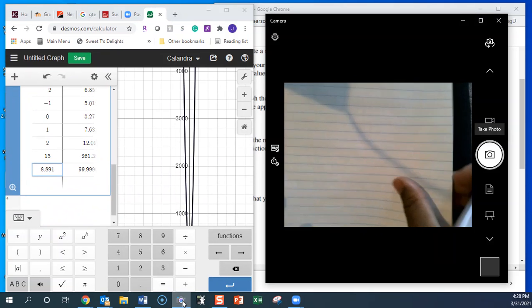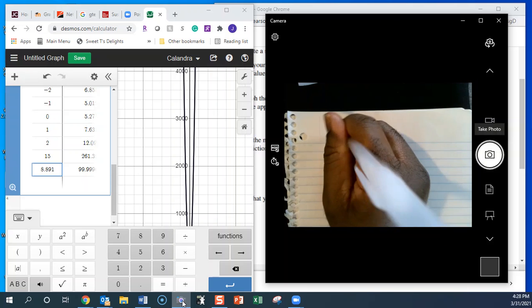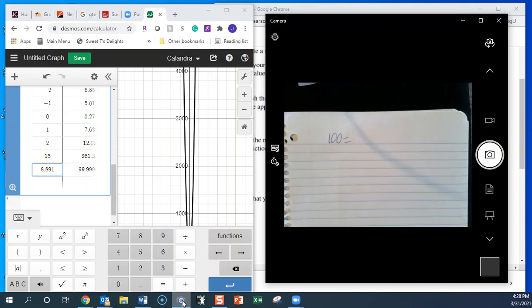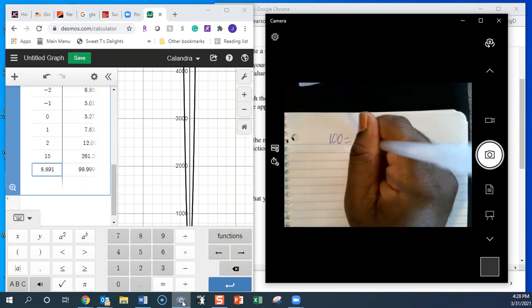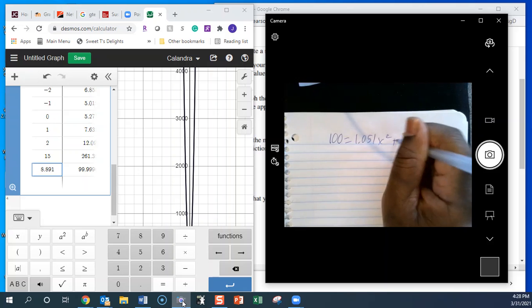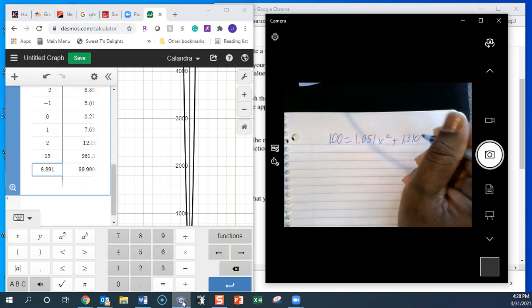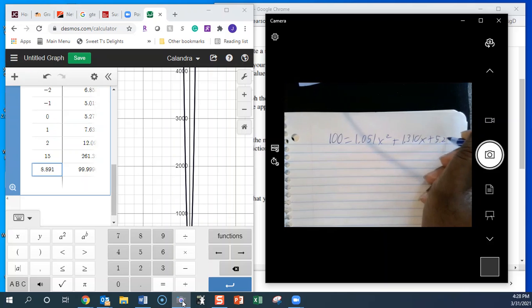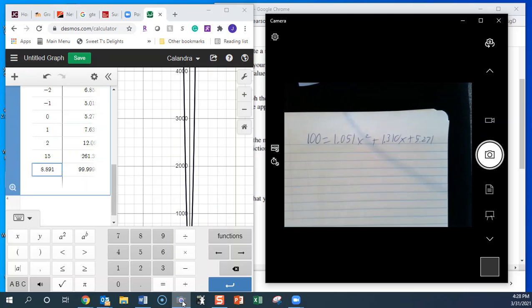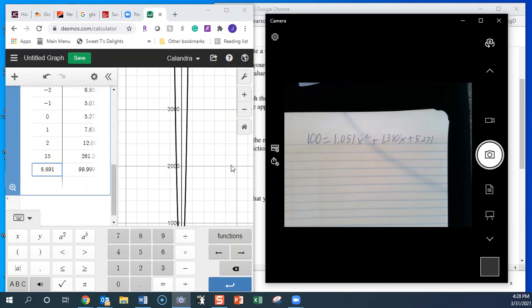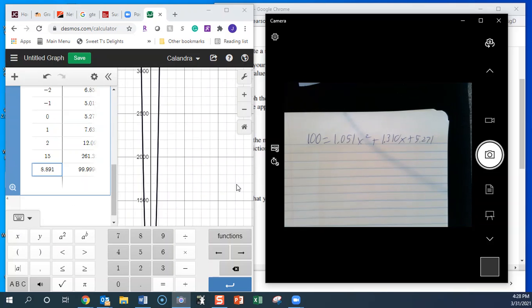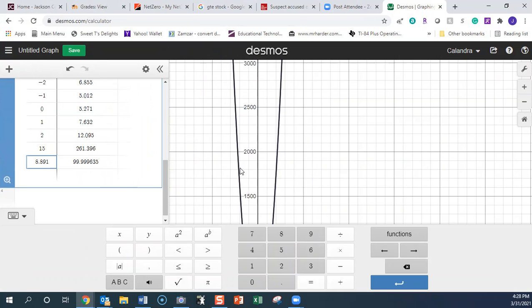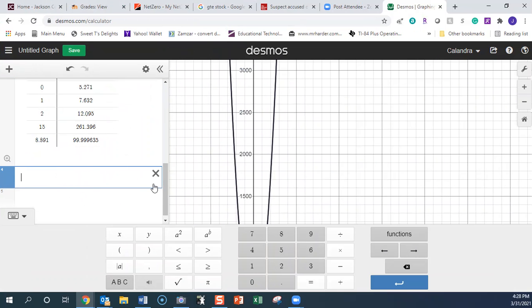So what we're saying is that we want 100 equal to the equation that we came up with, which was 1.051x squared plus 1.310x plus 5.271. Okay, now we can actually graph this by leaving a graph here and put in here that y is equal to 100.